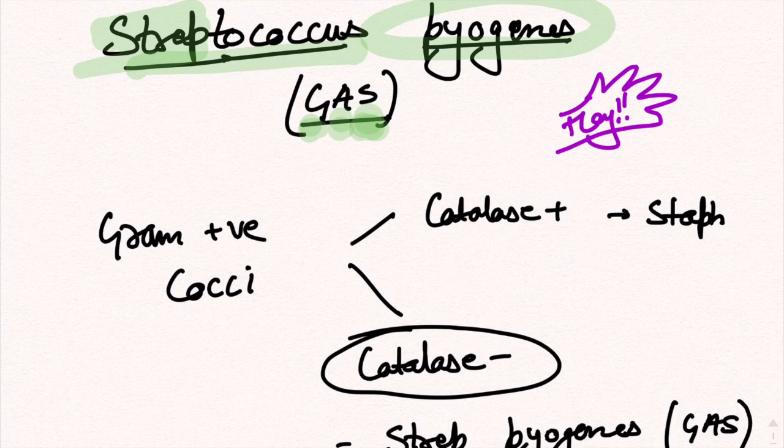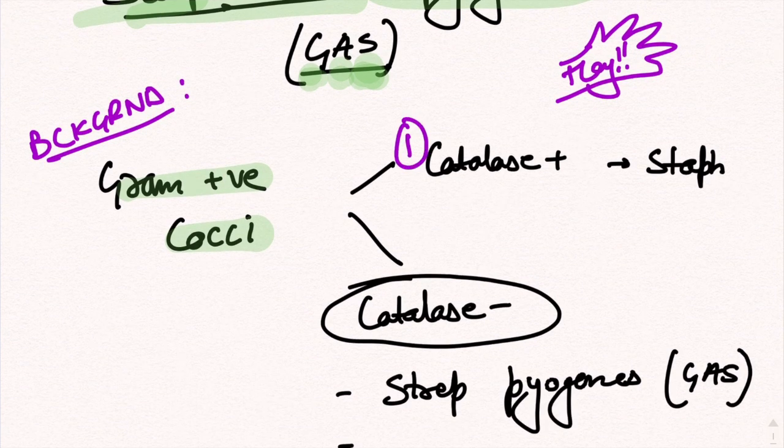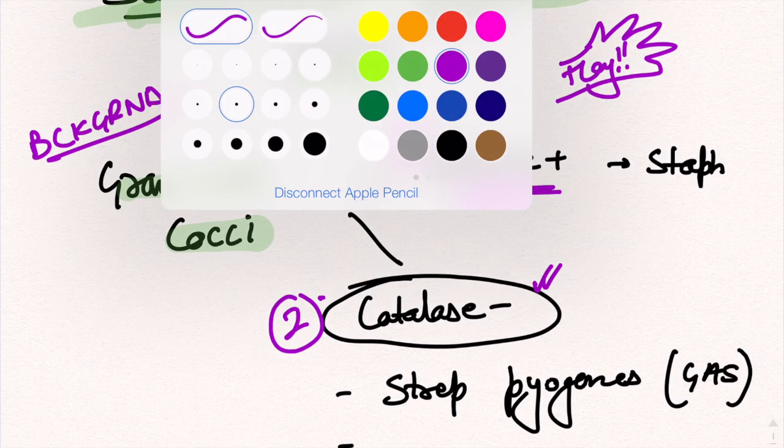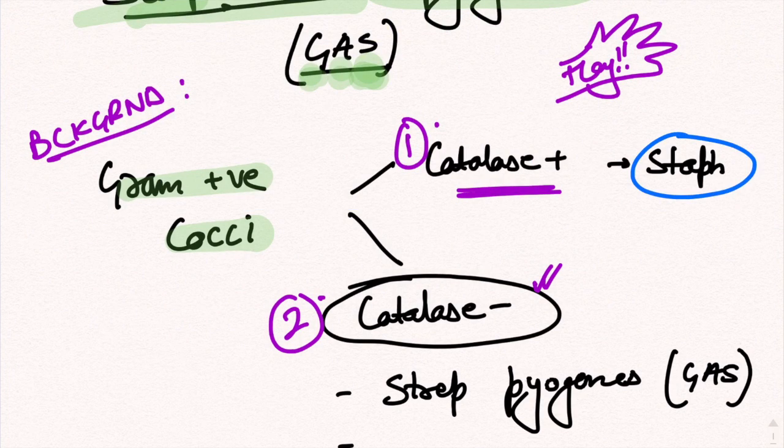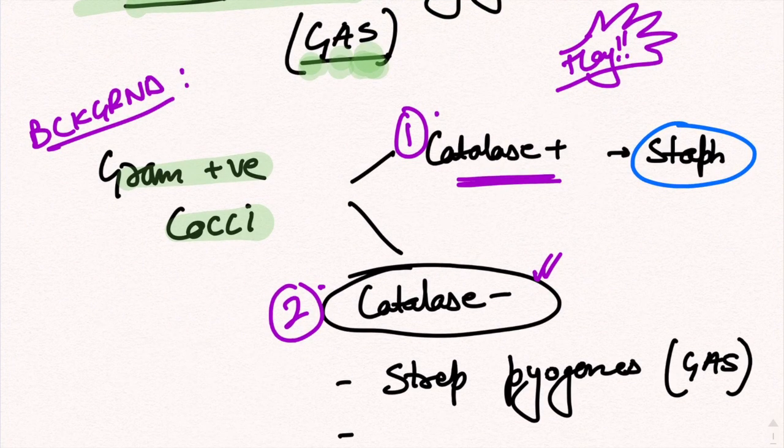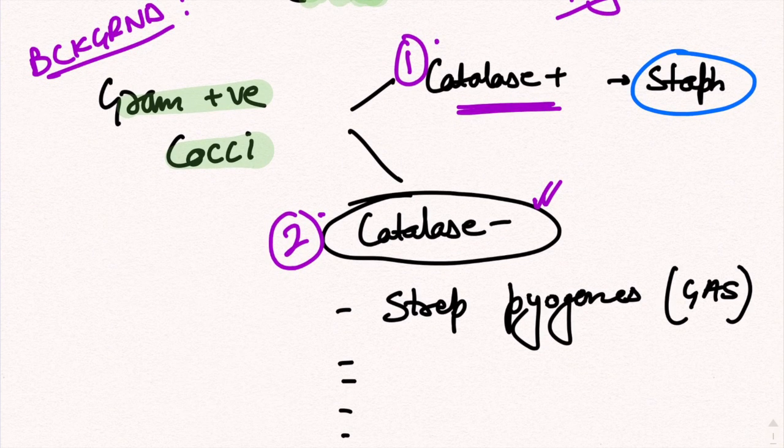So let me start by giving a basic background on Group A strep. As you know, it belongs to gram-positive cocci, which basically constitutes two major groups that are really important for the exam. One is catalase positive, the other is catalase negative. The positive one goes into Staphylococcus, and so on.